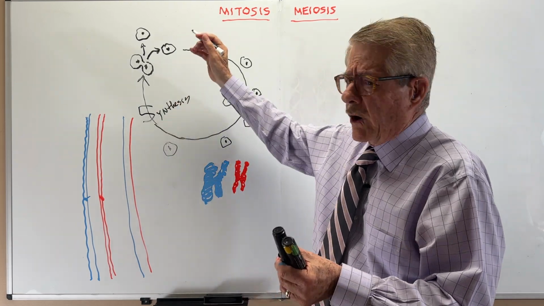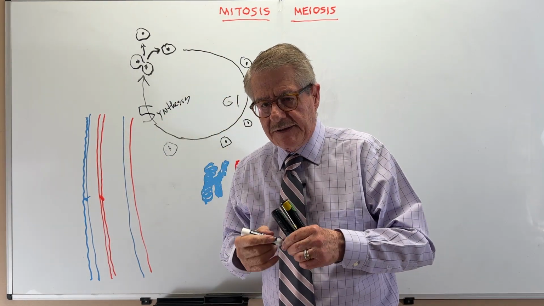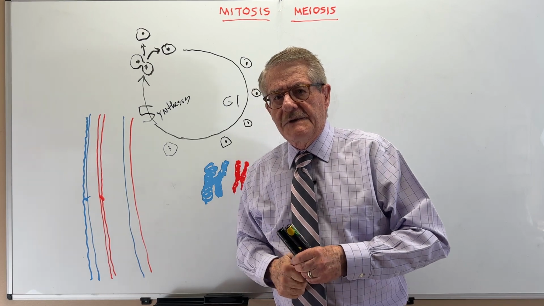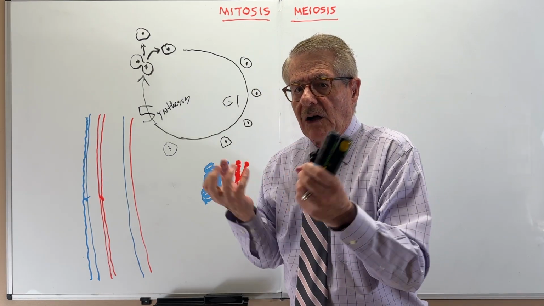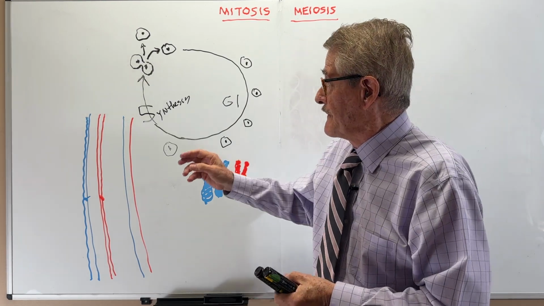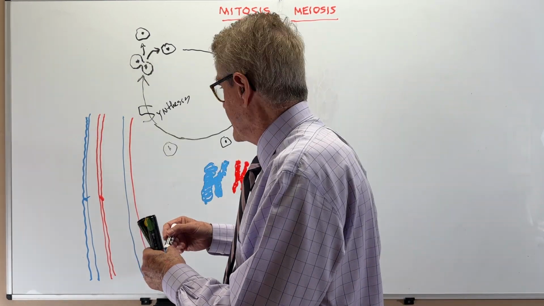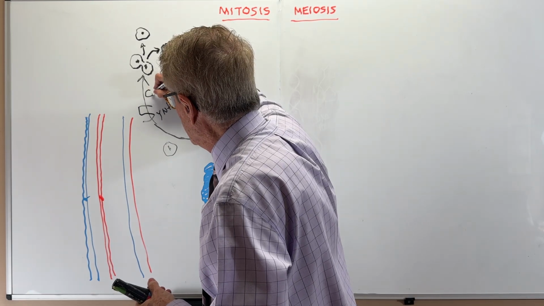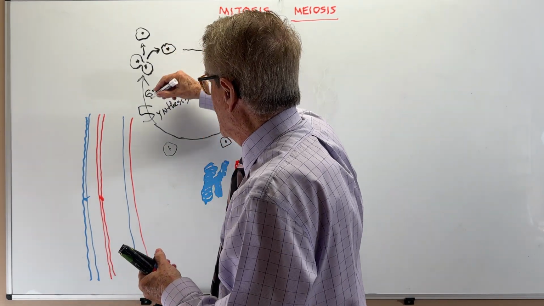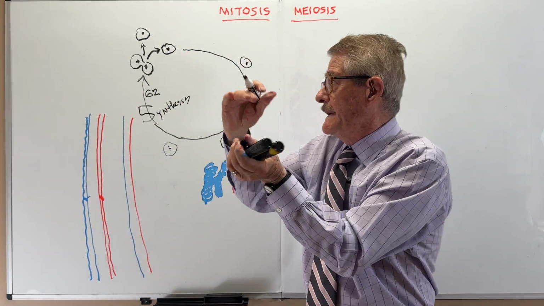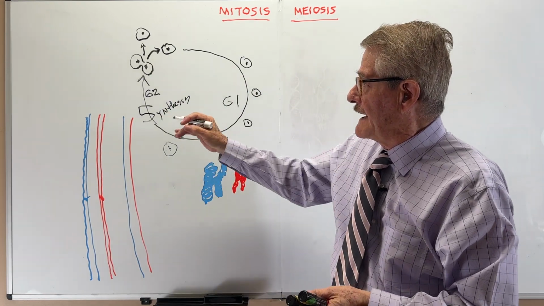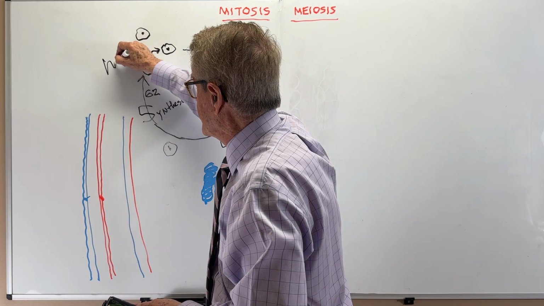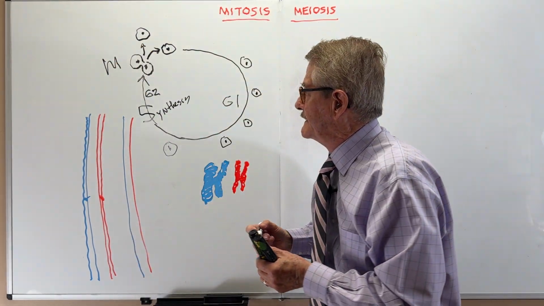And then before going into the division itself, the cell has to check that everything is correct, including the coiling of the chromosomes, in another phase, which is the growth 2 phase. It's like a little phase in between the S phase and the M phase, for mitosis itself.